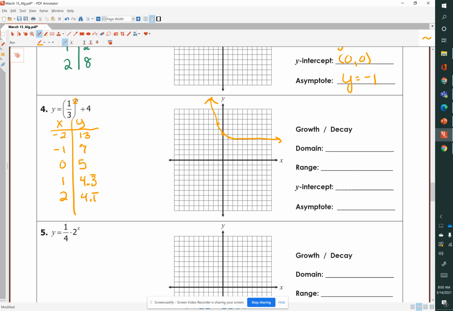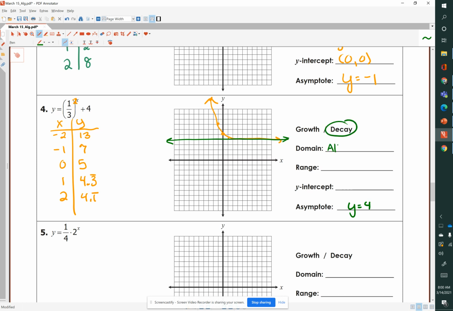And we can get a good look at what the asymptote is on this function. So this function is never going to cross the line y equals 4. So that's our asymptote. So this is a decay function.